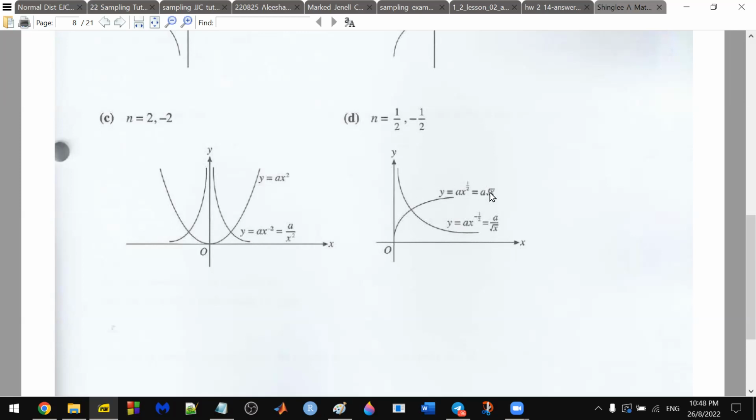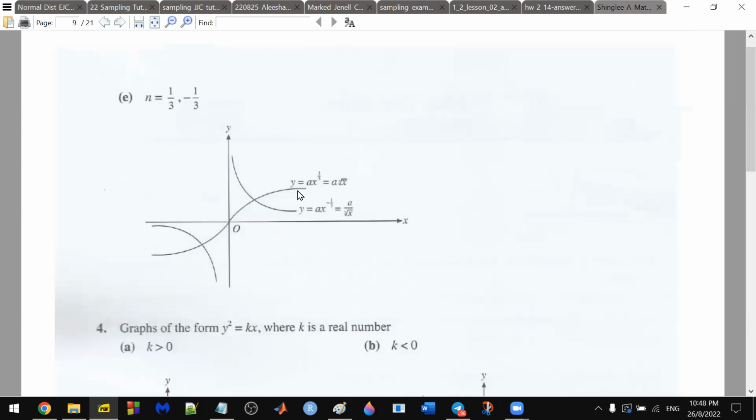So that's why they go in opposite directions. Does it make sense? That's part D. Now moving on to part E, you have 1/3 and -1/3. This one, no choice, memorize. Ax power 1/3, it looks like this.